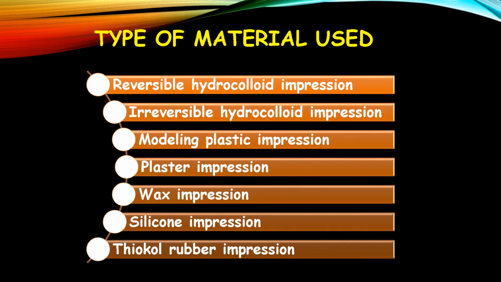And finally, based on the materials used, it is classified into reversible hydrocolloid impression, irreversible hydrocolloid impression, modeling plastic impression or impression compound, plaster impression, wax impression, silicone impression and thiokol rubber impression. So that is all about the classification of impressions, depending on the theory, technique, purpose, type of material used and type of tray used.